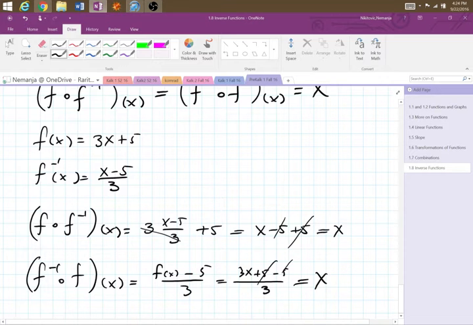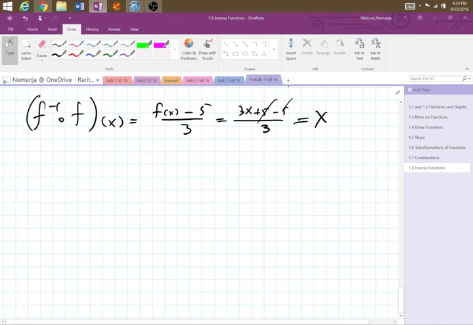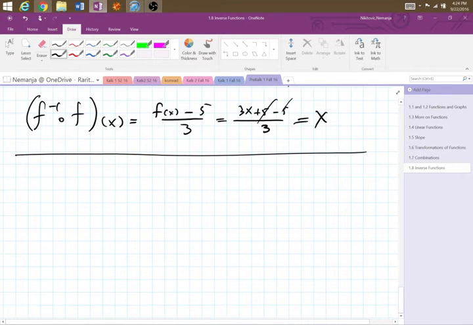Now let's see what's happening with the x squared situation. So function f of x is going to be x squared.